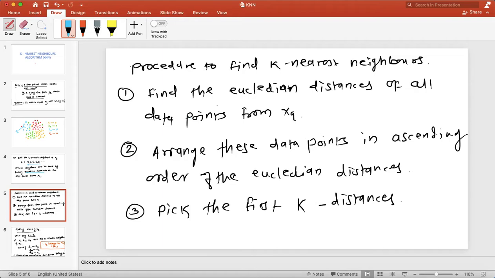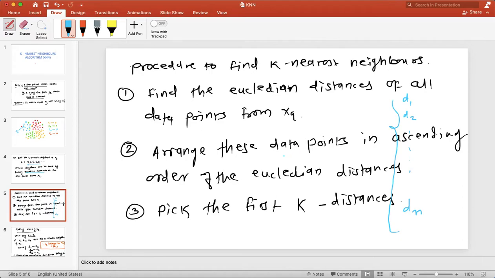This is the procedure: find the Euclidean distance of all the data points, say D1, D2 up to Dn, from XQ.